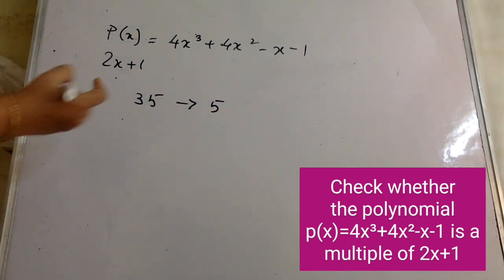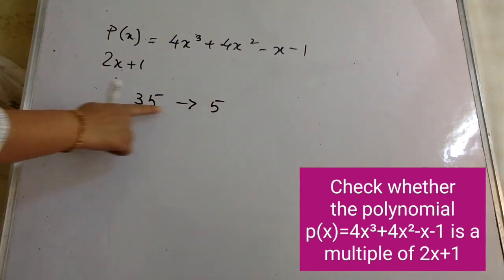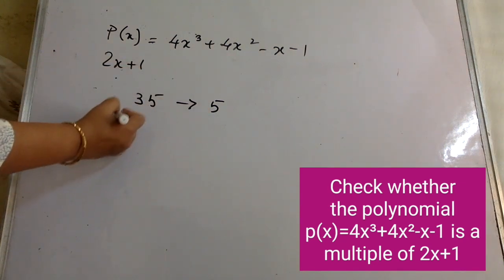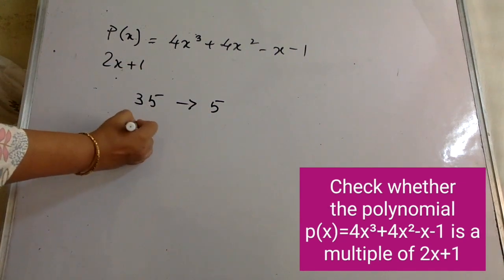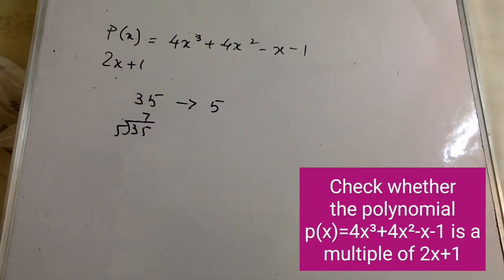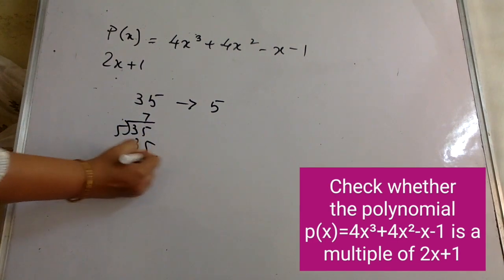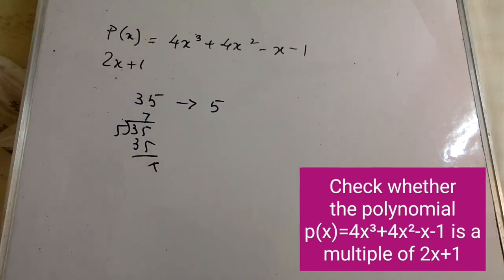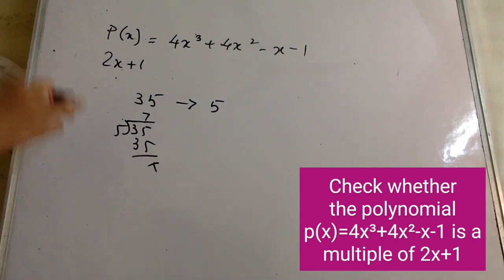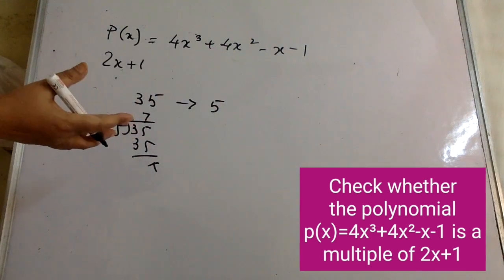If they ask you this question, what do you do? You divide 35 by 5 and you get an answer which is 7, and the remainder is definitely 0. So when the remainder is 0, then you know, yes, 5 is a multiple.